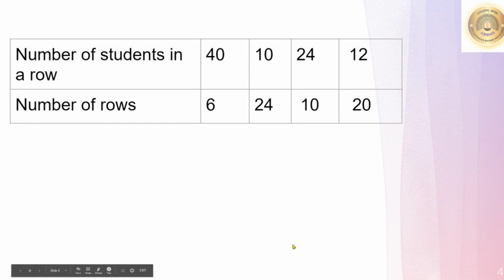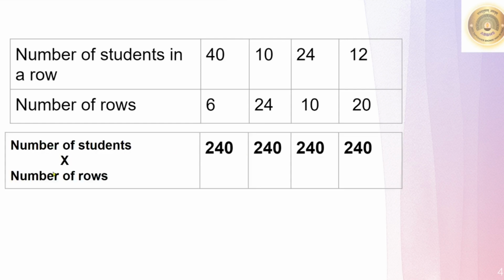Now, let's take another example. As the number of rows increases, the number of students in each row is decreasing. So here, if you take the product of number of students and number of rows, the product is a constant. In this case, it is 240.